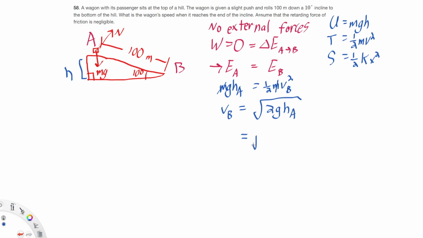So our height at A is going to be 100 sine 10. Anyone have any questions on this so far?